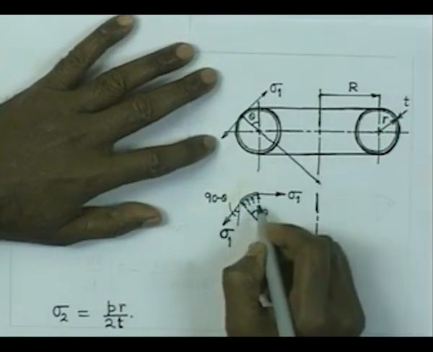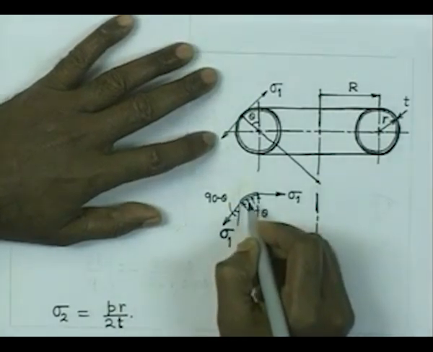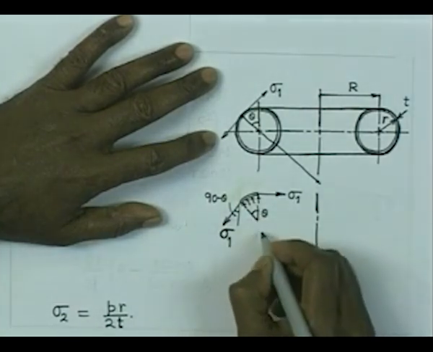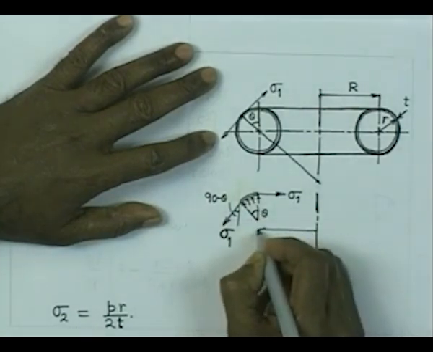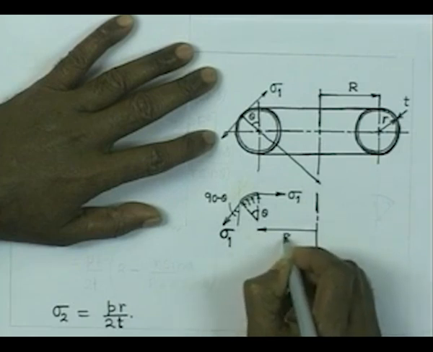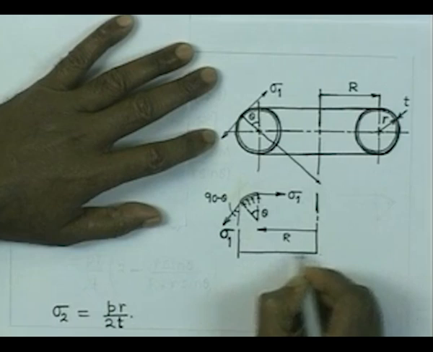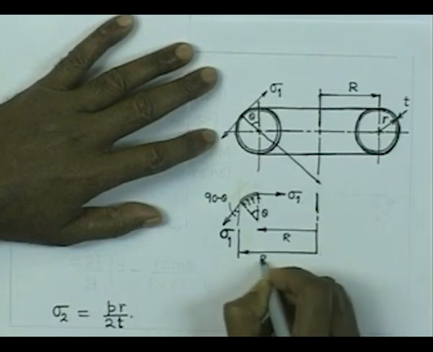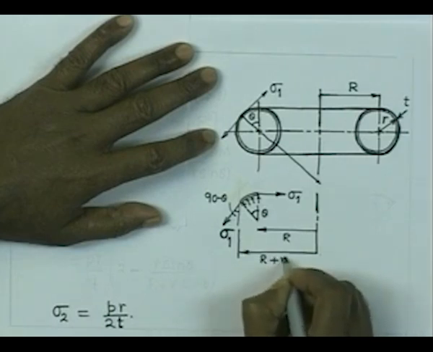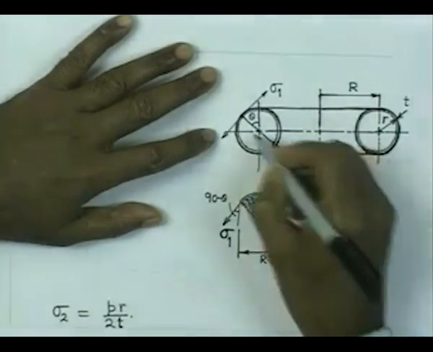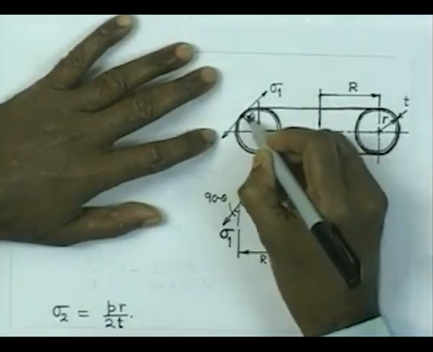Therefore, the total force which is acting vertically upward is going to be on that annular area of radius, which is nothing but capital R, and this one is R plus R sin theta. So this R sin theta is this distance.